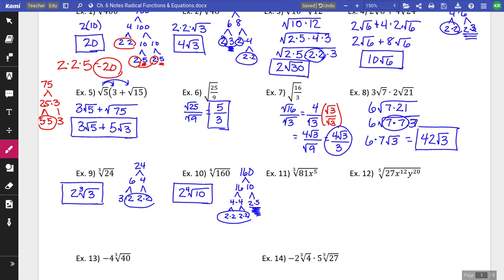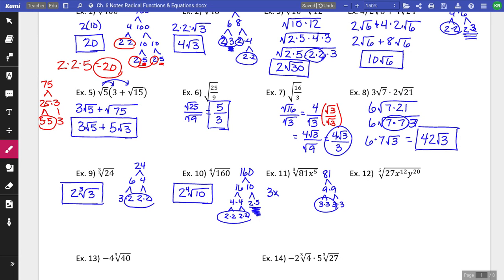Okay, example 11. So cube root. Now this one also has a variable. We'll talk about that in a second. So 81 is 9 times 9. And the 9s are each a pair of 3s. So we have a group of 3s that can come out. We're also going to have a group of x's. Okay, that x to the 5th means that you've got 5 x's multiplied together.